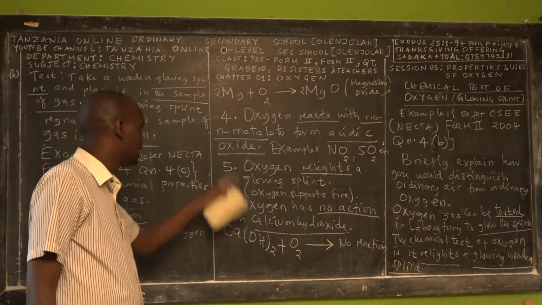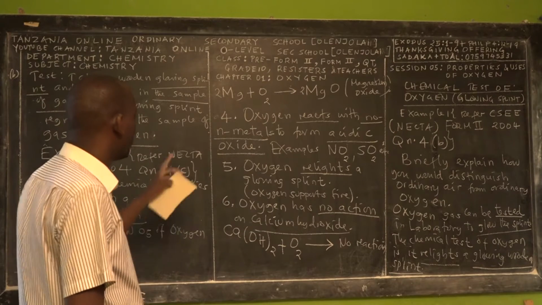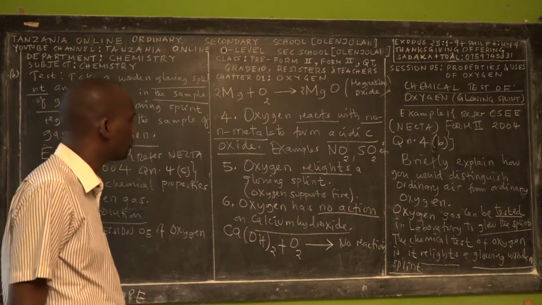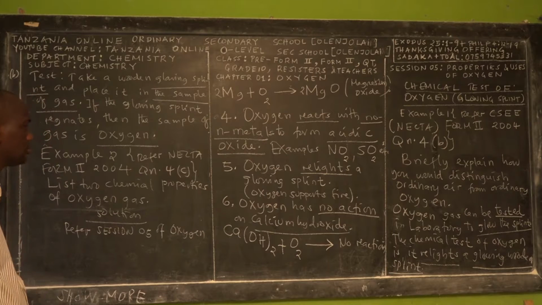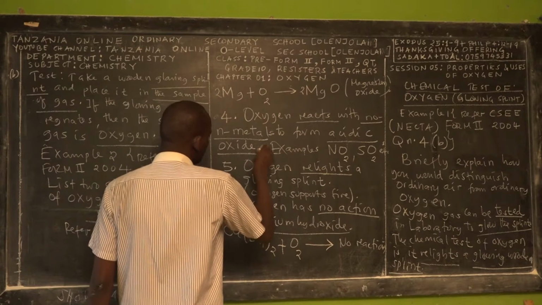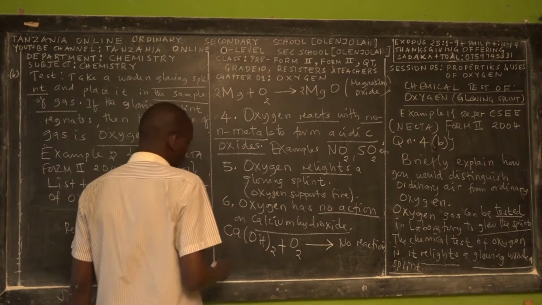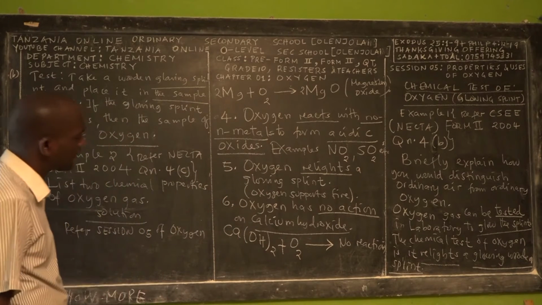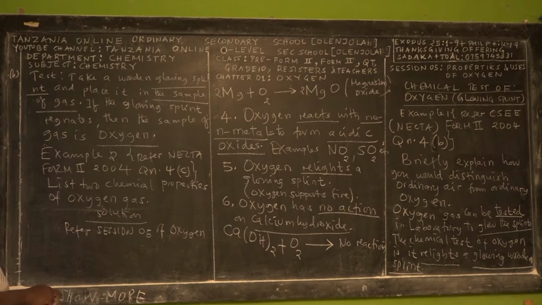But you may choose either of these. The first one, oxygen reacts with non-metals to form acidic oxides. And the other one, oxygen has no action on calcium hydroxide.